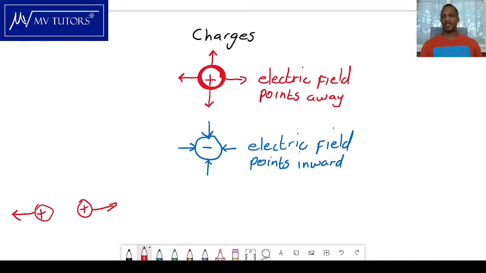Or even if you have two negative charges, they will just repel each other. So we can say like charges repel.